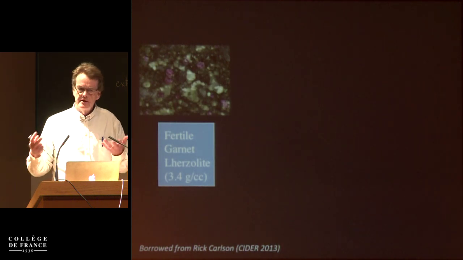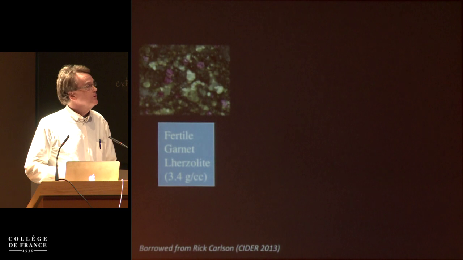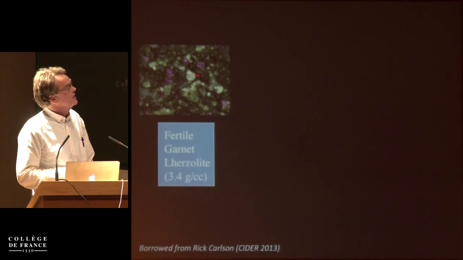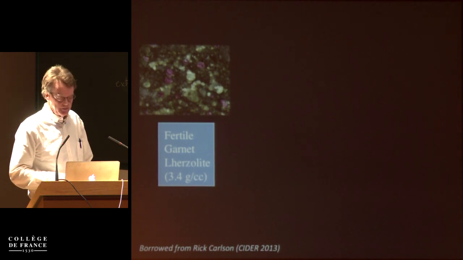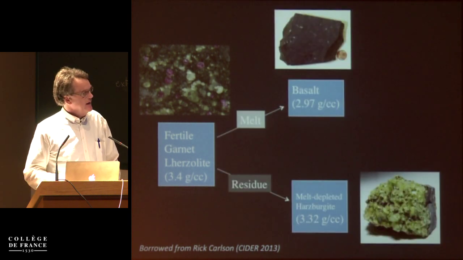Just to remind us that, in the real world, we are melting something that might look like this, which is a garnet lherzolite here. It might have a density, at least at room pressure and temperature, of about 3.4.